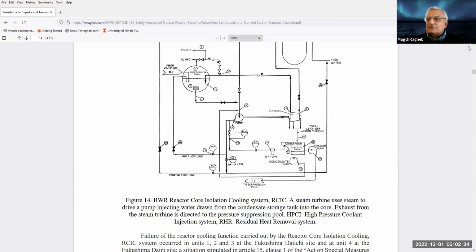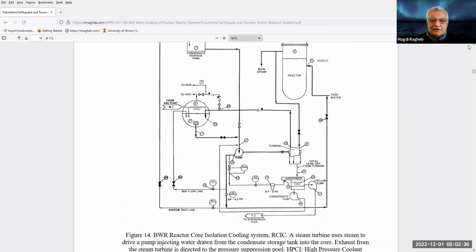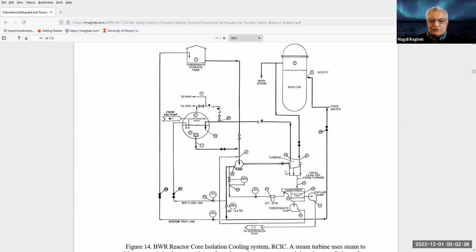And at the bottom of the plant, you find that the safety equipment that was of concern in that case is that particular turbine. That turbine was getting steam from the main steam line. You could see here, if you follow it, this is a valve. It gets the steam from the main steam line, and then it rotated a pump.